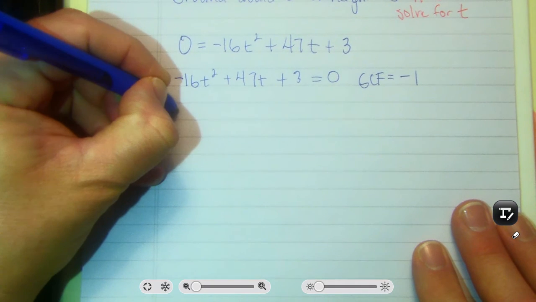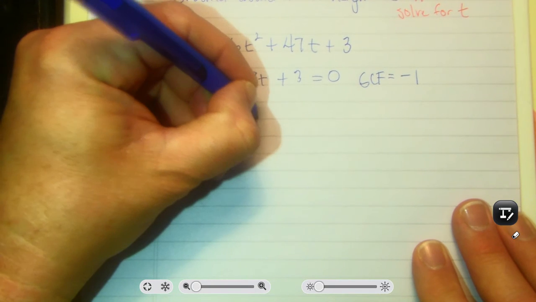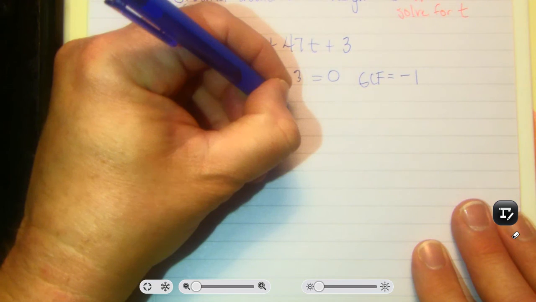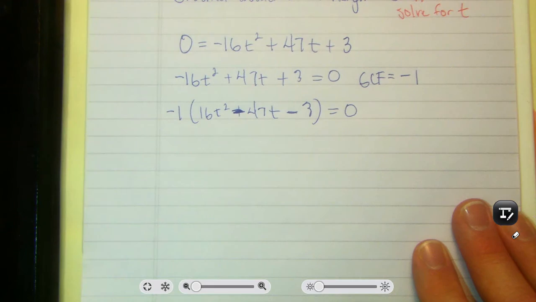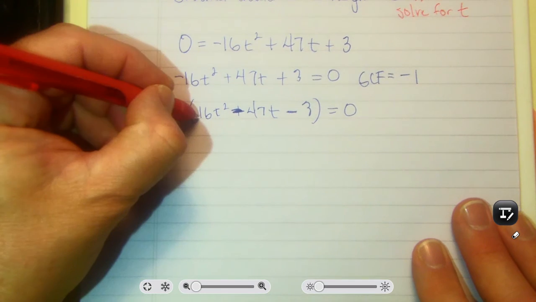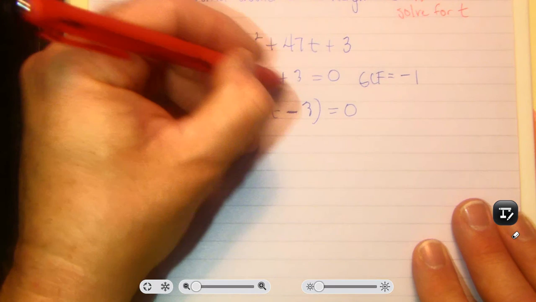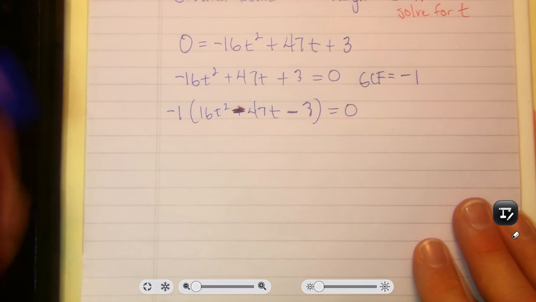So I'm going to factor that out. It's negative 1 times 16t squared minus 47t minus 3. So I have to reverse all my signs. Let me make sure I did that right. This negative becomes positive, this positive becomes negative, okay, good, and that positive becomes negative. So I factor out that negative 1 like I need to.